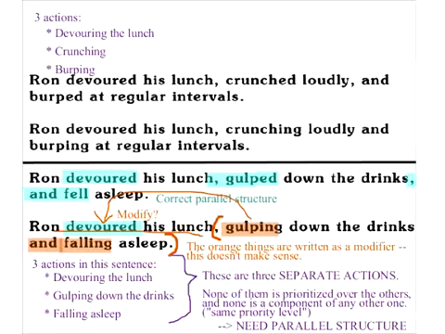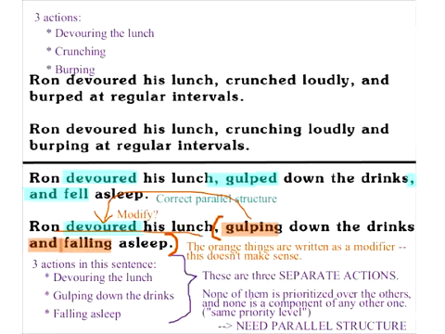Yeah, crunching and burping, this is not three separate actions. Crunching and burping is a description of how Ron devoured the lunch. And you do have to use a little bit of common sense when you do this. You can't make objections like, what if that was totally separate crunching? What if Ron was walking through the snow and his feet were crunching?